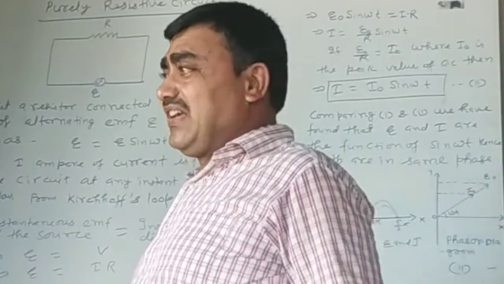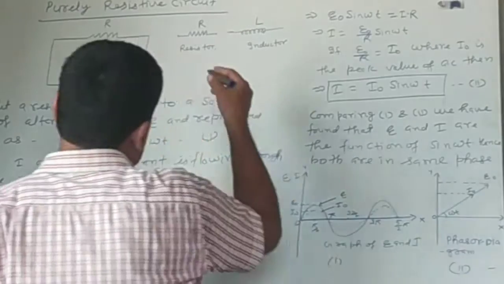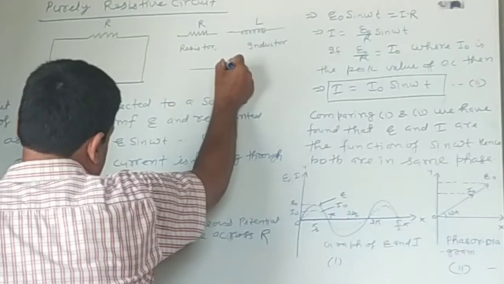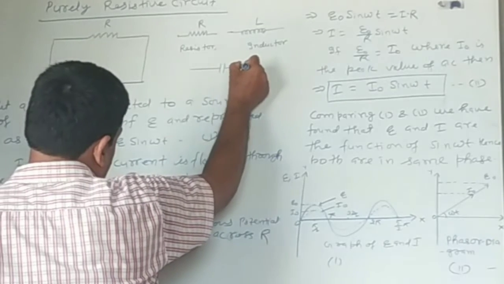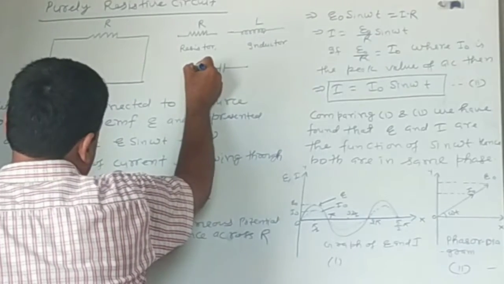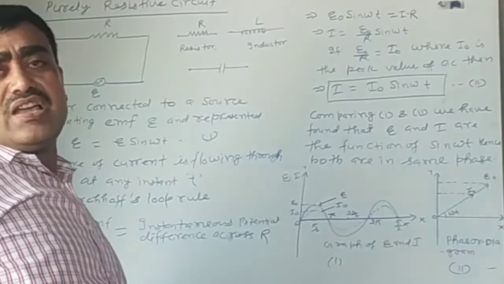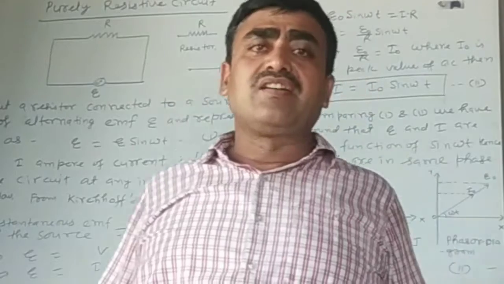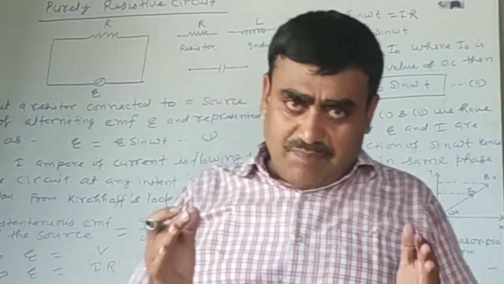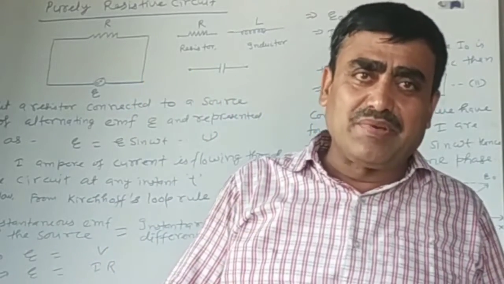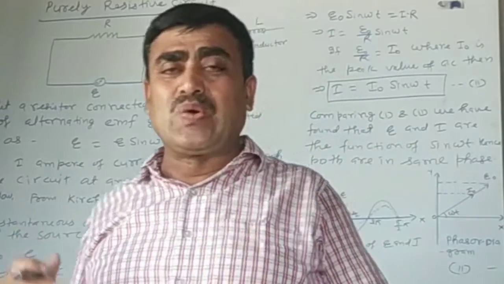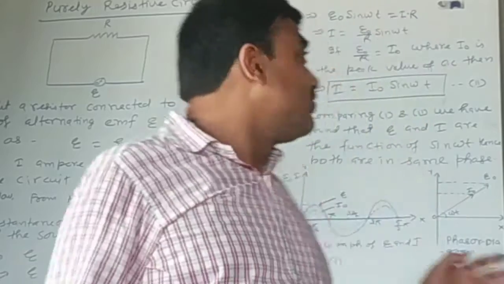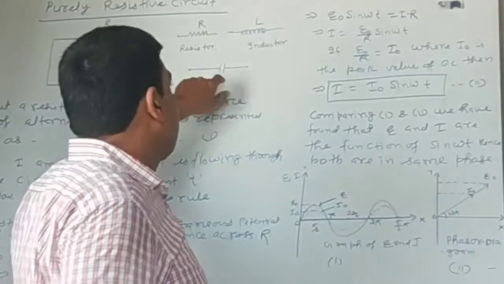Like that, a capacitor. You are familiar with capacitor because in electrostatics we had learned about parallel plate capacitor, energy stored in capacitor, etc. This is the symbol of capacitor.